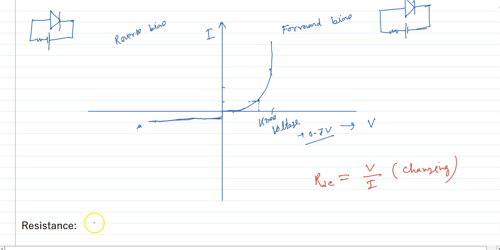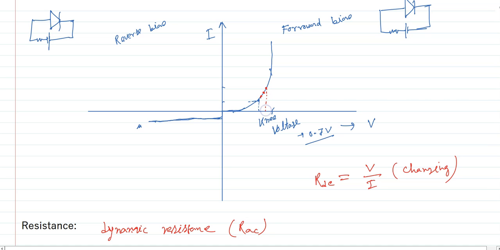Another resistance is called dynamic resistance, also denoted RAC. It means if I choose a point here and want to find the dynamic resistance, we need two points on both sides of this point at the same, very small difference. Okay.